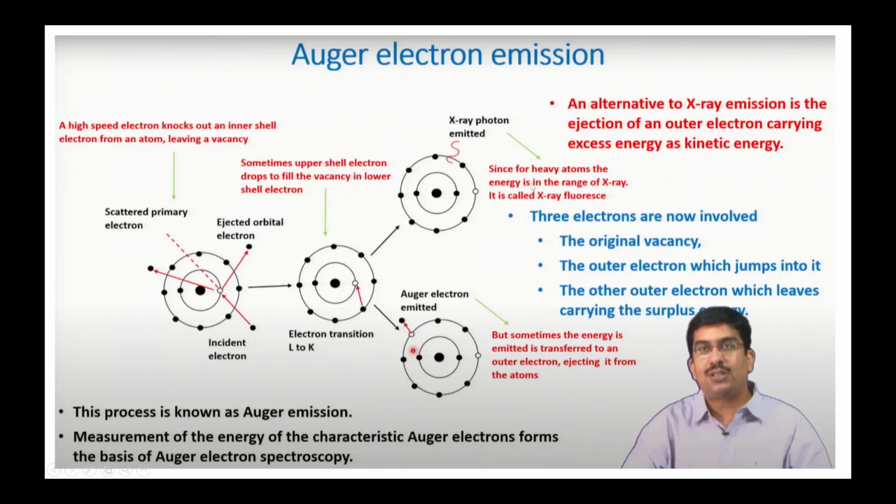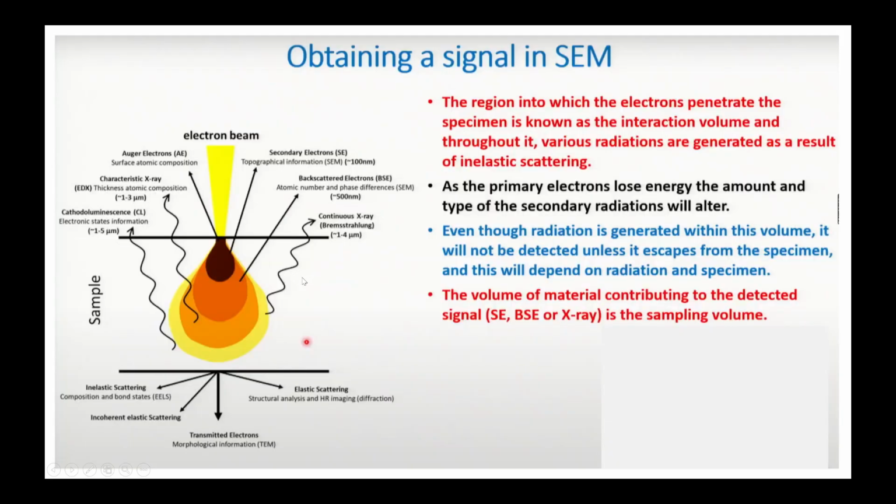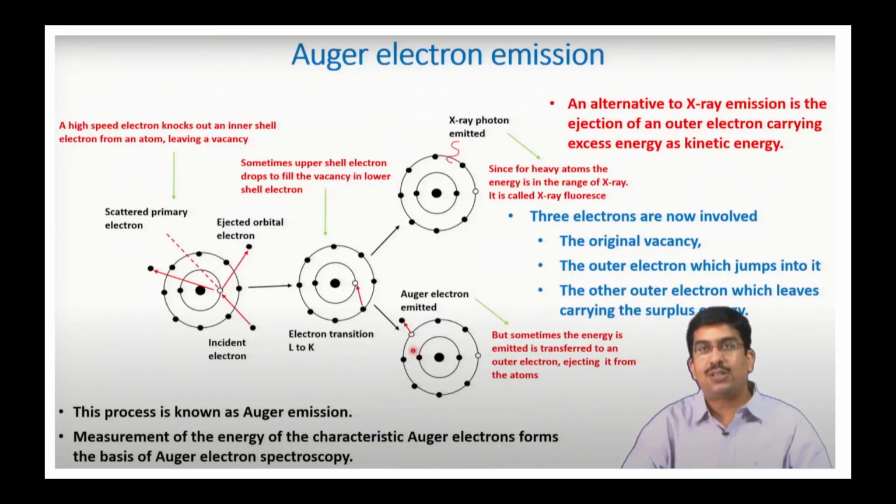Okay, so the measurement of the energy of characteristic Auger electrons forms the basis of Auger electron spectroscopy. So what is Auger electron spectroscopy? It mainly gives you the surface information.